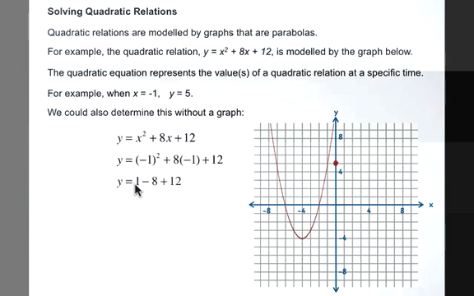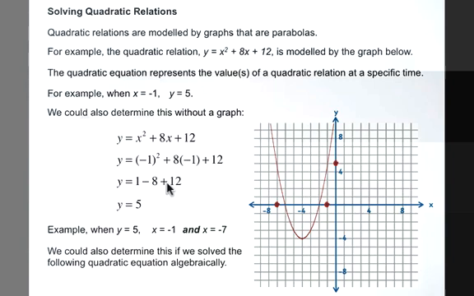So we get y equals 1 minus 8 plus 12. y equals 5. So when y equals 5, x equals negative 1. It also equals negative 7.